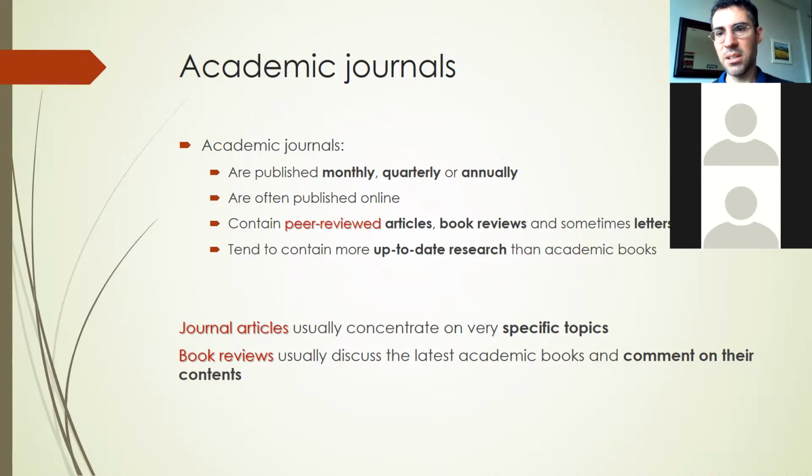So usually it takes about 6 months to a year to have a journal article published, whereas it can take 18 months to 2 years to have an academic book published. So you can imagine that the stuff that you have already found, if it's up to date, is already out of date by the time that it's published, if you are publishing a book.